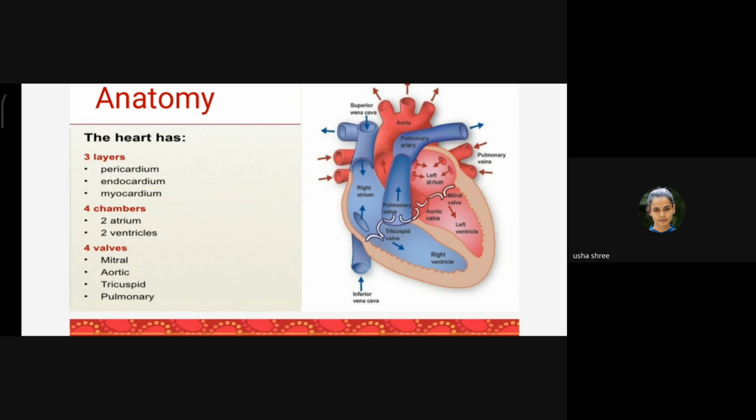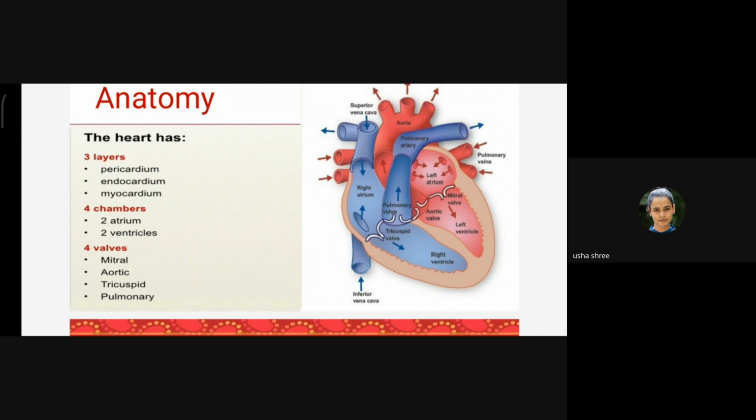This aorta is further divided into arteries, arterioles, capillaries. So this is the main blood vessel by which oxygenated blood is being collected from the heart.